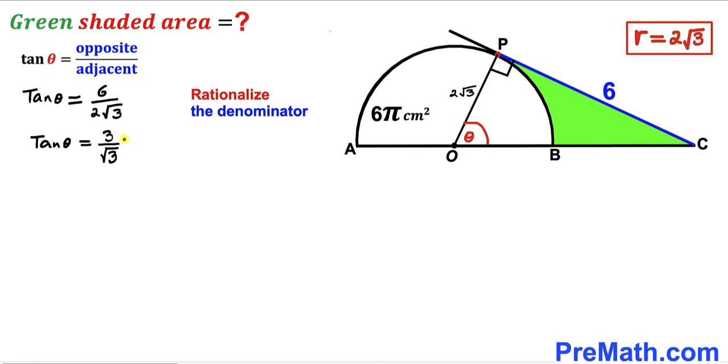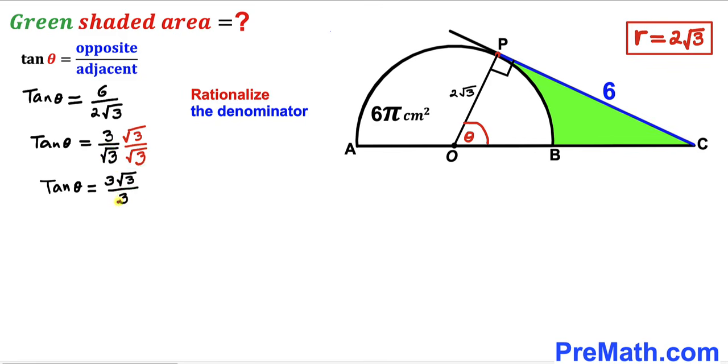Now we are going to rationalize the denominator. So I'm going to multiply square root of 3 on the top and the bottom at the very same time. Here square root of 3 times square root of 3 is going to give us simply 3. As you can see in this next step, I have replaced this whole thing with 3 at the denominator.